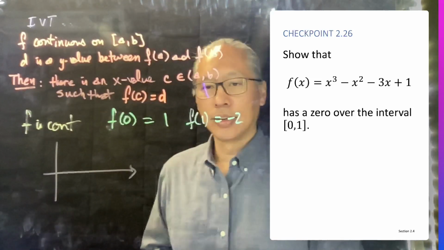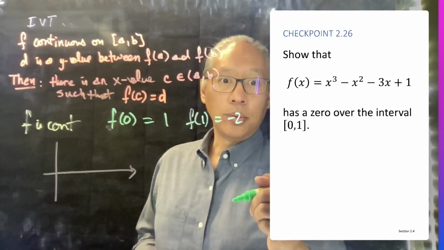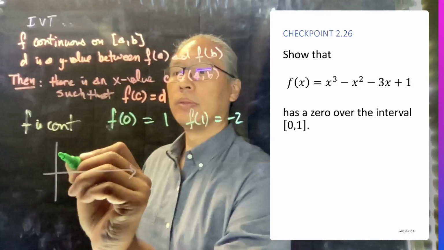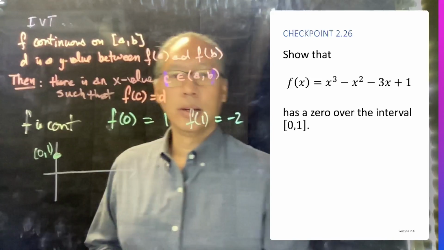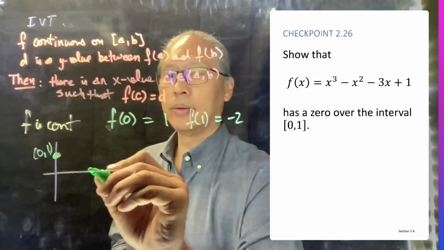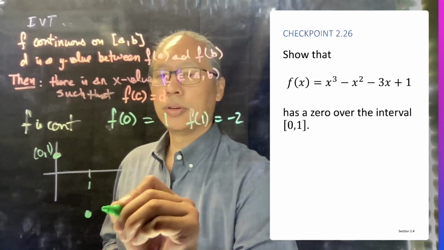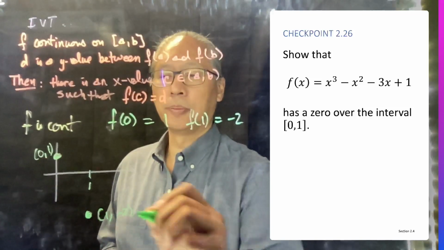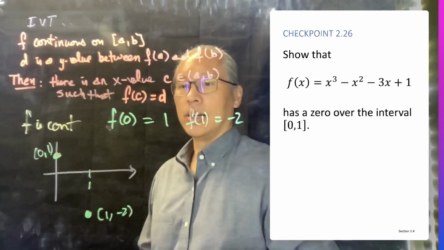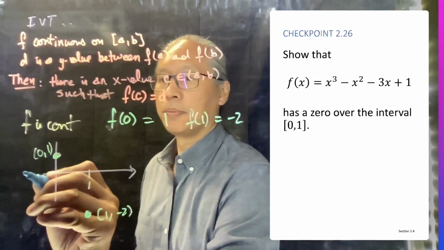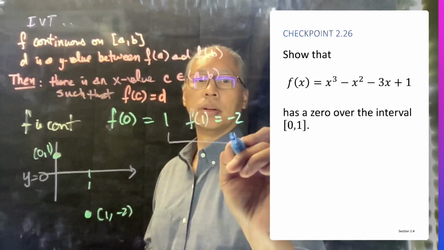pretend graph of this. And we know that when x is equal to 0, this is going to be 1. So we have the point 0, comma 1. When x is equal to 1, we have y is equal to negative 2. So that's 1, comma negative 2. And remember that the value y equals 0 is between these two numbers.